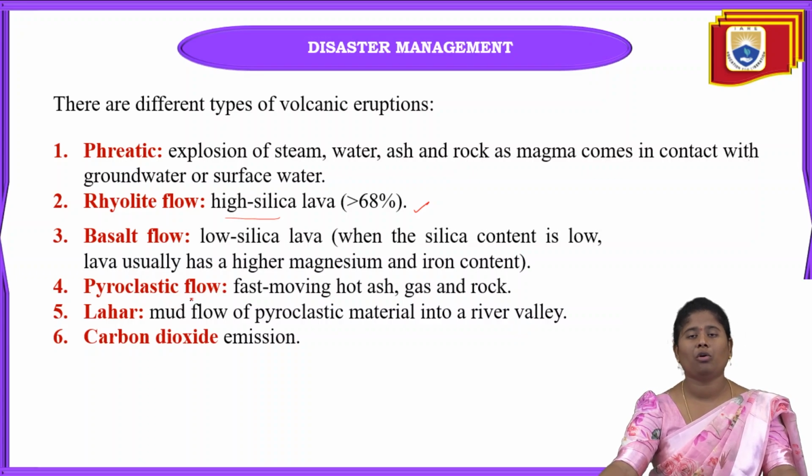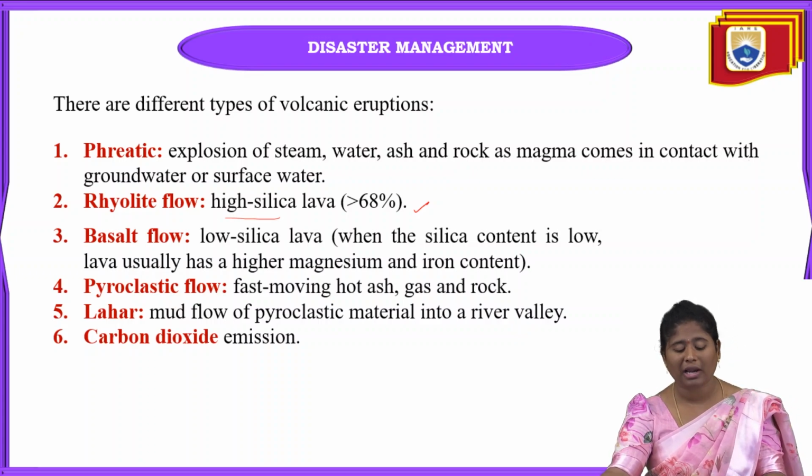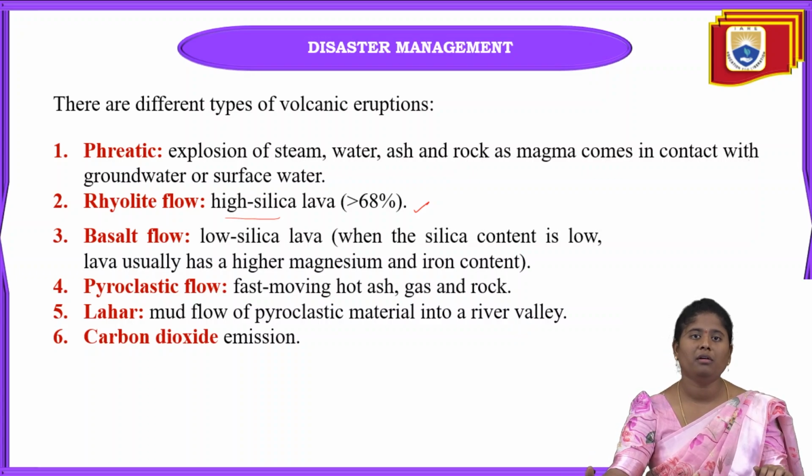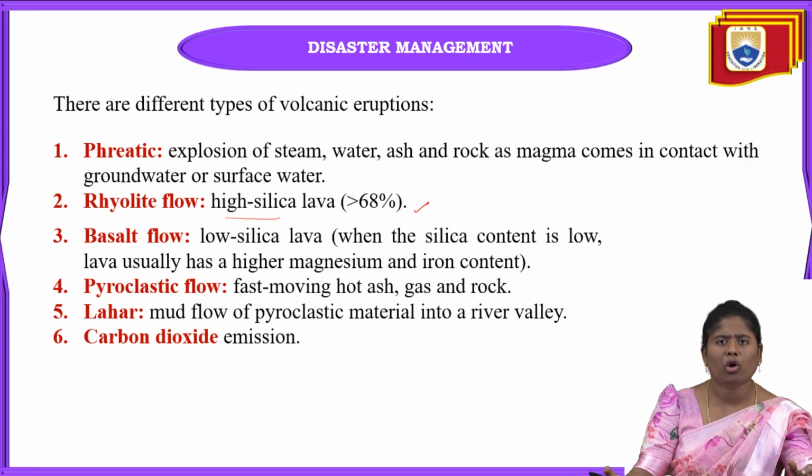Next one is pyroclastic flow, and in this pyroclastic flow there will be fast moving hot volcanic ash, gases and rocks. Next one is lahars. Lahars are nothing but volcanic mud flow.